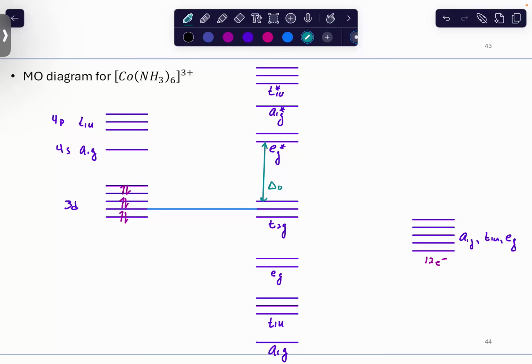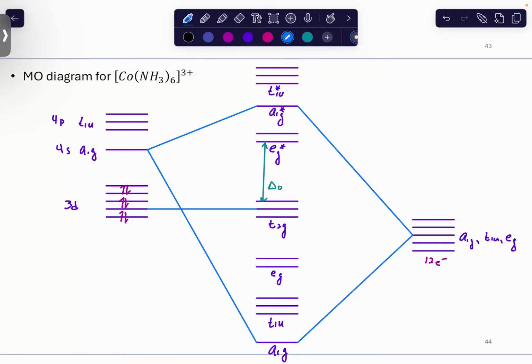And so now let's start thinking about where everything goes. Okay, our A1G, okay, oopsie, make that the right color. It's going to come down to there. That's also going to have to go. Your A1G star, your T1U. I have to go there.